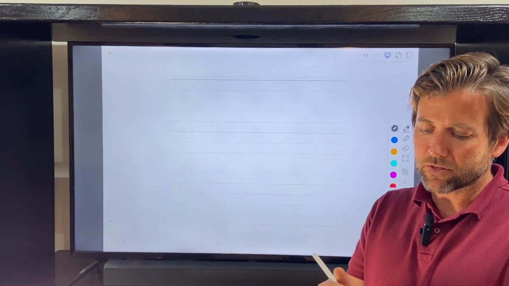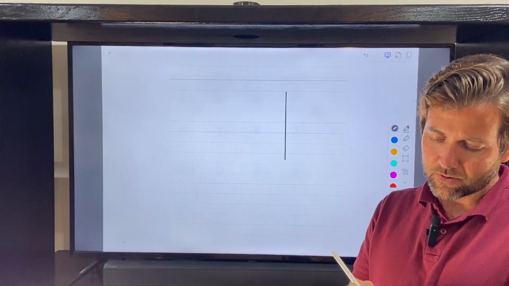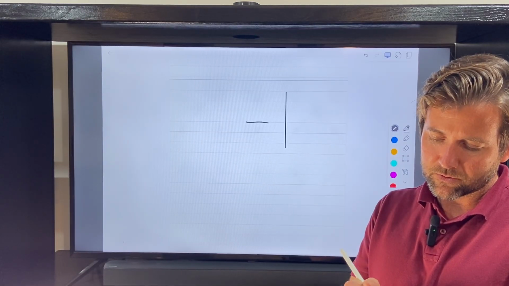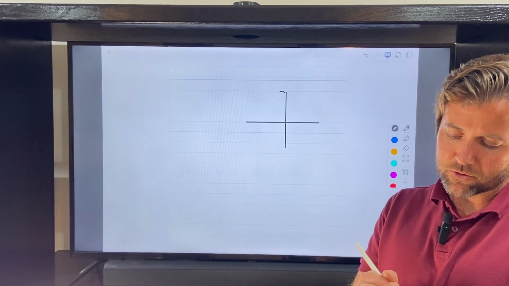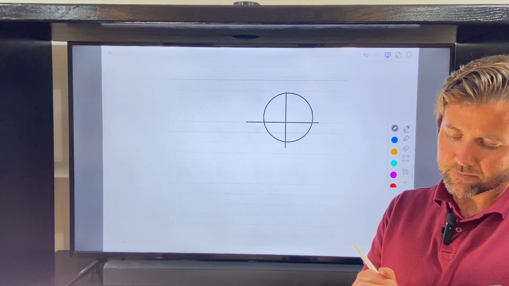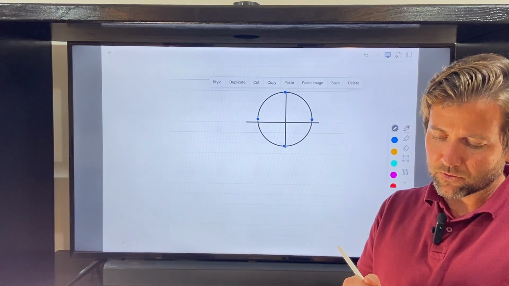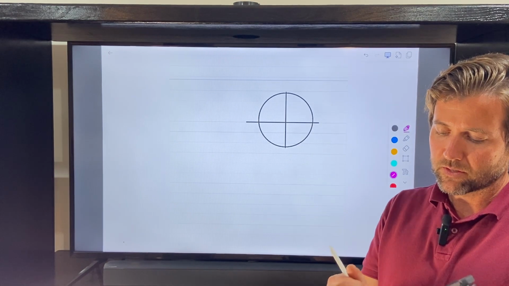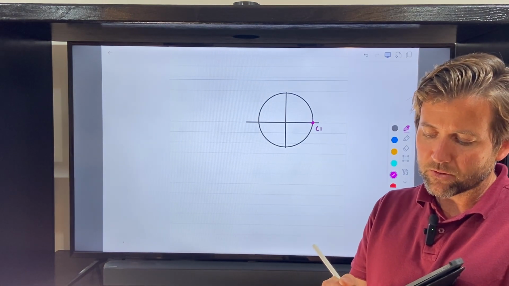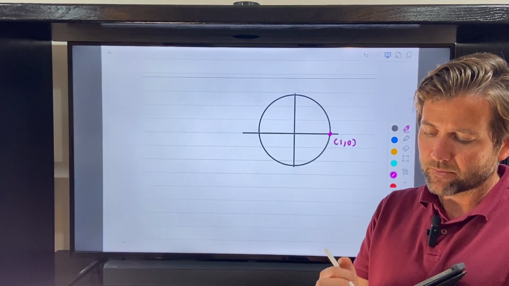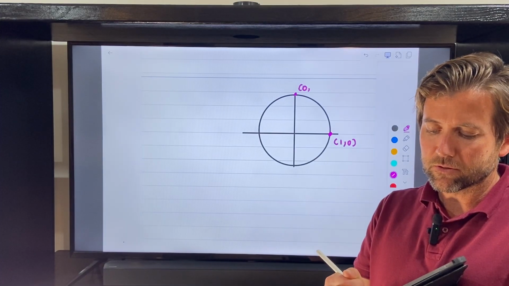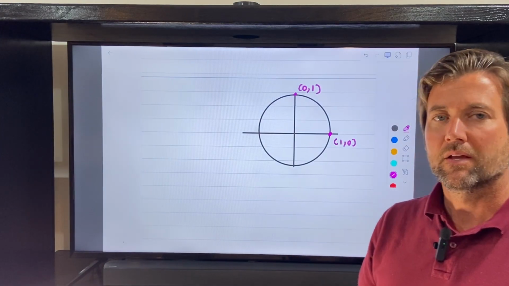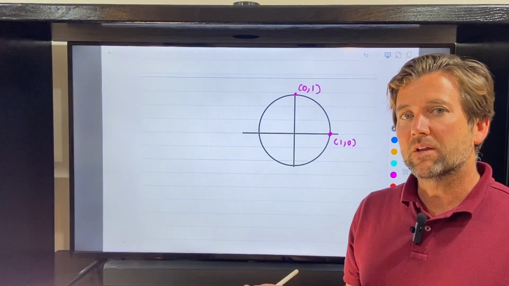I'm going to start off with the unit circle. So I'm going to draw a circle here. And it's a unit circle, so the radius is 1 unit. That means this point right here is (1, 0). This point here is (0, 1). And I'm going to draw just an angle anywhere.